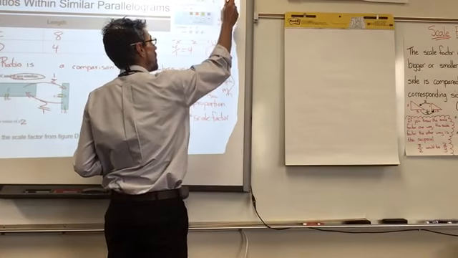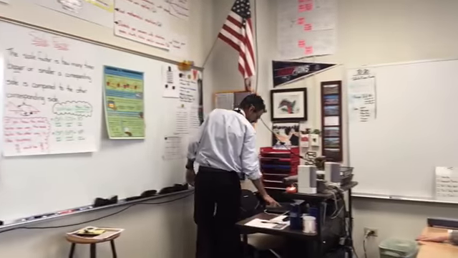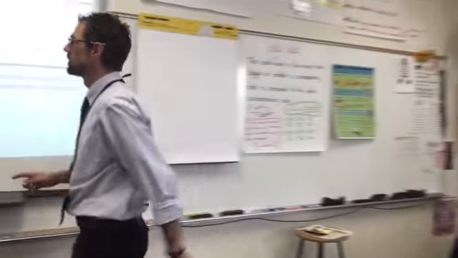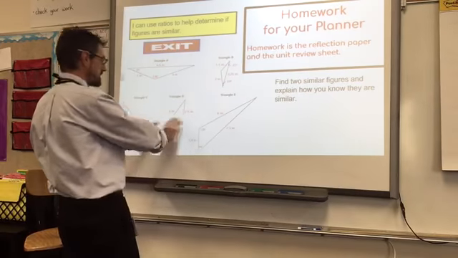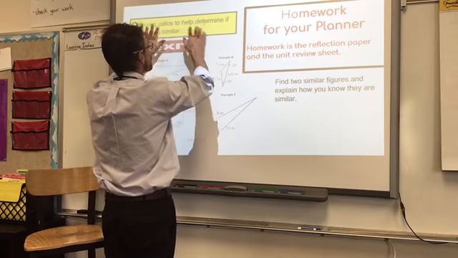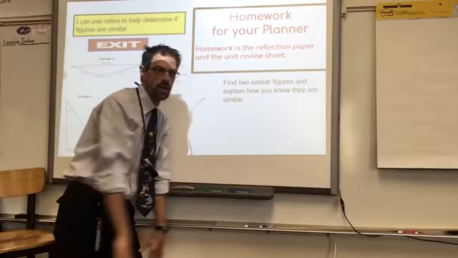Tomorrow, we will have time to practice this. Right now, in your exit ticket, you're going to practice it. We have triangles A, B, C, D, and E. We just went over how to use ratios, and that's how I want you to tell me if the objects are similar.